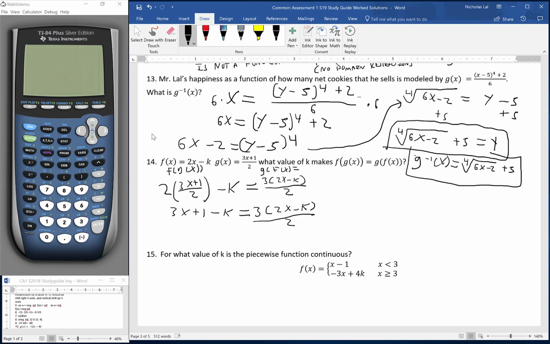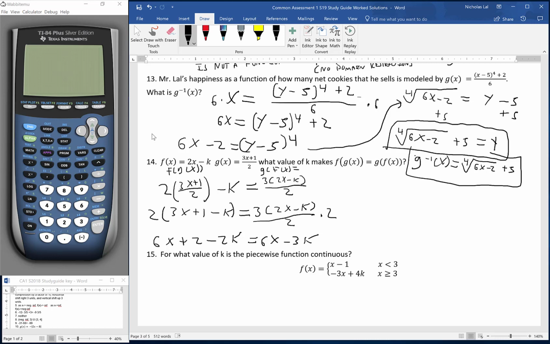And I'm going to multiply each side by 2 because I need to get rid of that denominator. What's left over is 6x plus 2 minus 2k is equal to, I'm going to distribute that 3, 6x minus 3k. All right. Now I'm going to add 3k to each side.